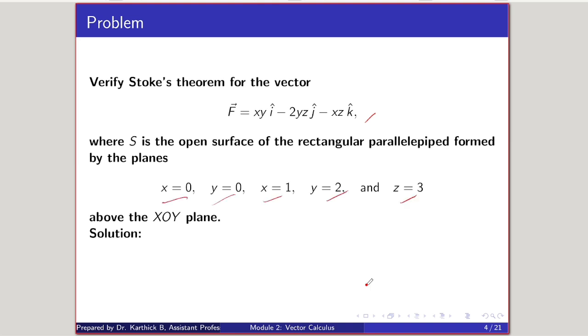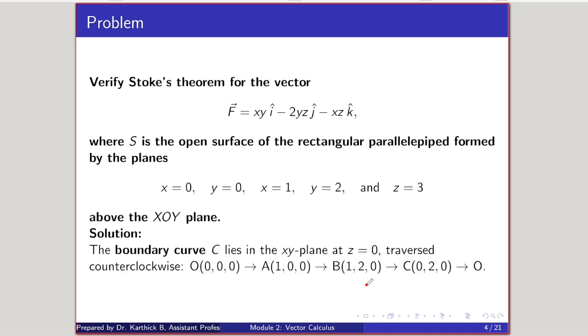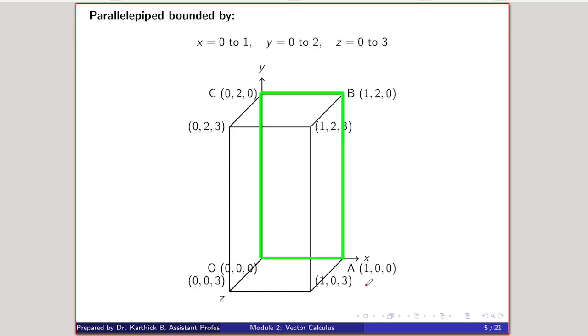There is a surface in the parallelepiped that will be an open surface, which lies above the XY plane. So here the boundary of the curve lies in the XY plane at z equal to 0, and will be in the anti-clockwise direction from O, A, B, C, again O. So with this we get a graph, a parallelepiped.